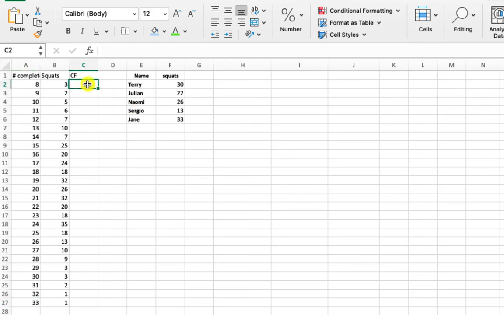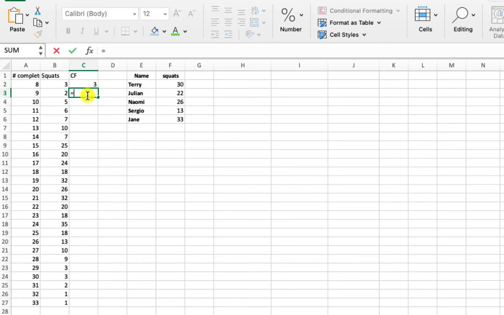Starting at the worst end of our distribution, the cumulative frequency is equal to the frequency that exists at the lowest bracket. So that would just be 3. Our cumulative frequency from there is the existing frequency of the value that we're on, plus the cumulative frequency from the category or value prior to that.